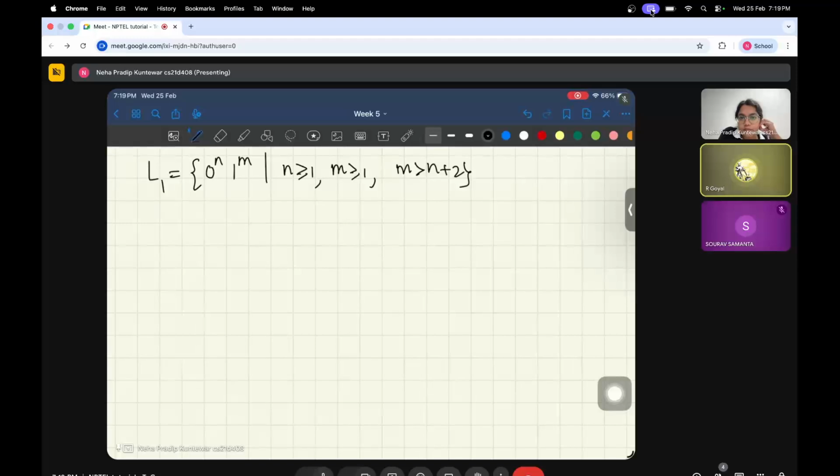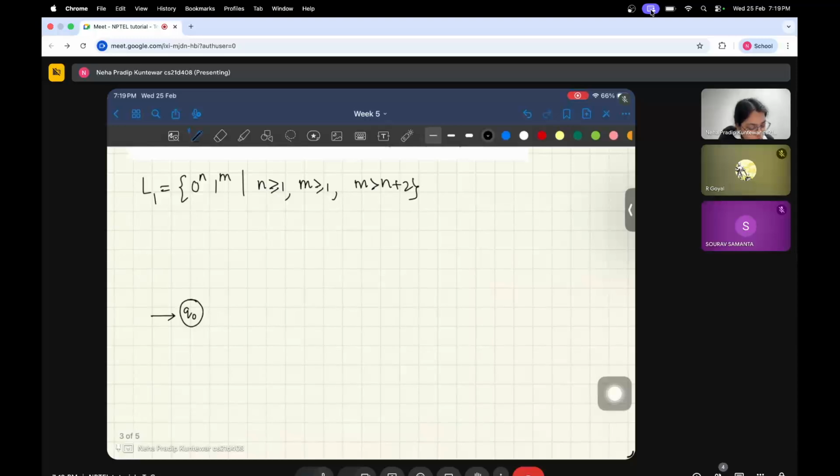So n number of the ones have been consumed in this process, and now at least two more ones are remaining on the tape. So when I read one from the tape and Z naught is the top of the stack, I replace Z naught with Z naught and make a move to the next state. Then I should read one more 1, keep on reading the ones, and make a move to the final state. I think that will work.